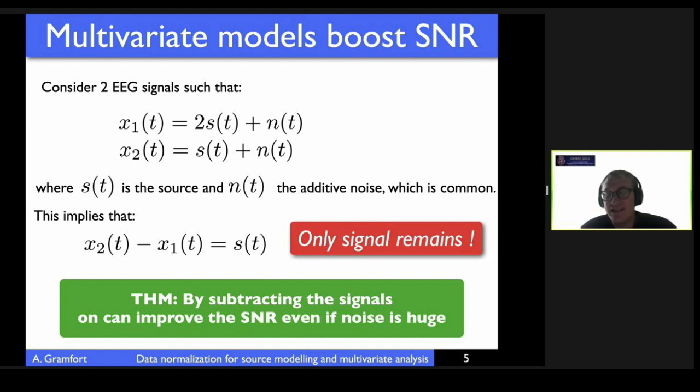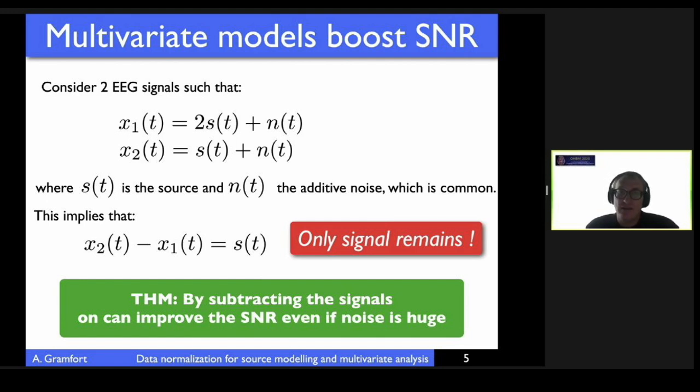It's a very simple step, just a linear combination, here actually just a subtraction, where I get a perfect estimate of the signal by treating the signals as multivariate, because I process two signals at the same time. I basically leverage the fact that I have two signals in order to get a better estimate of what I call the SNR, which stands for the signal to noise ratio.